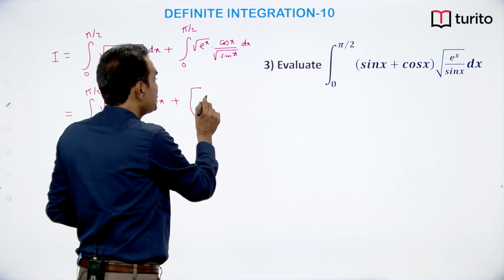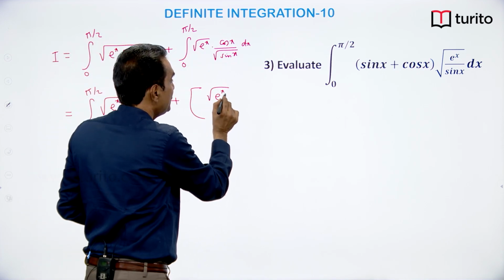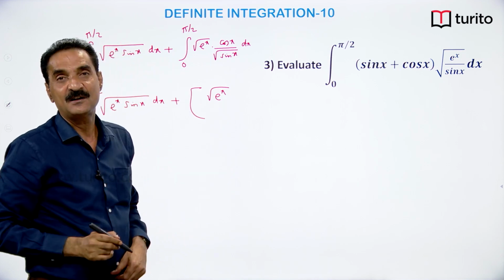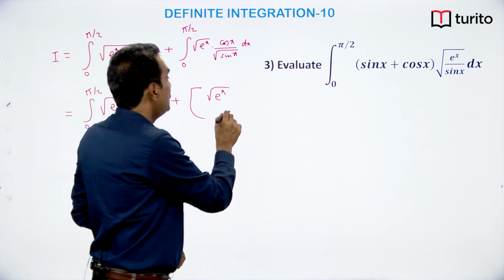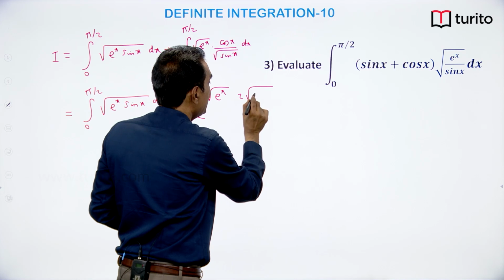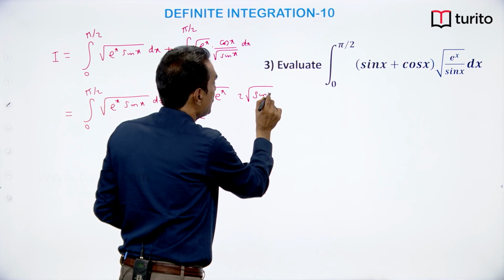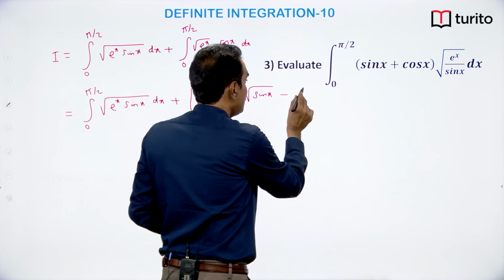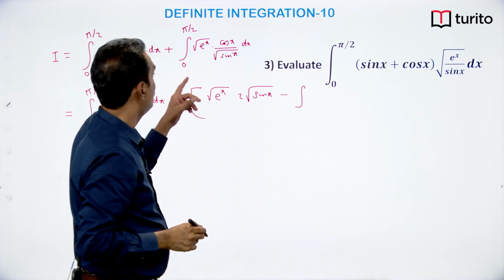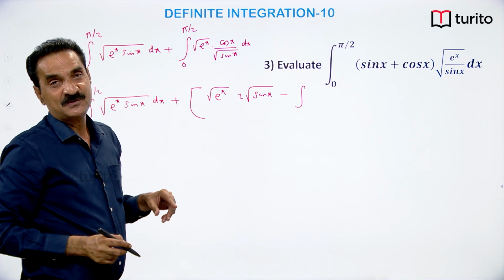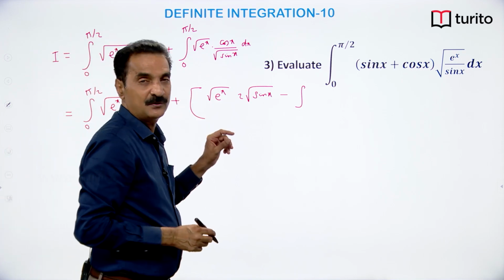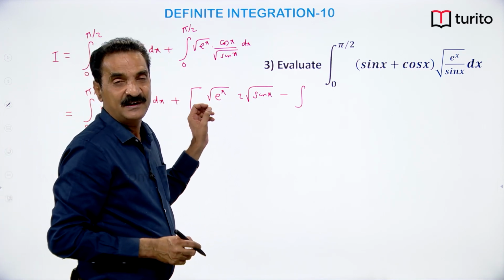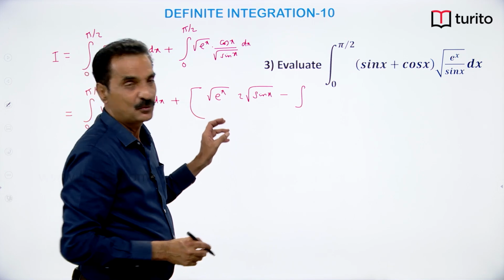So, first function into integral of the second function. What is the integral of cos x by root sin x? It is 2 root sin x minus integral derivative of the first function. What is the derivative of root e power x? Derivative of root x is 1 by 2 root x.